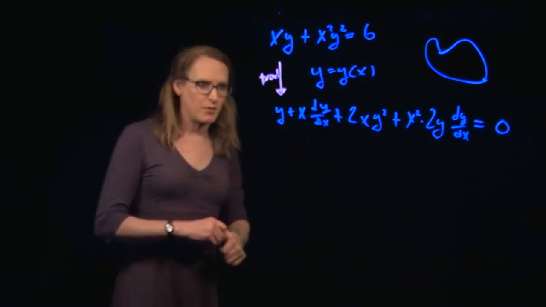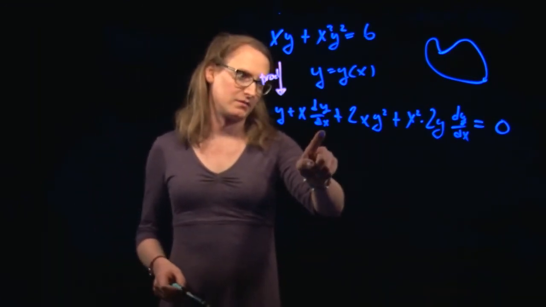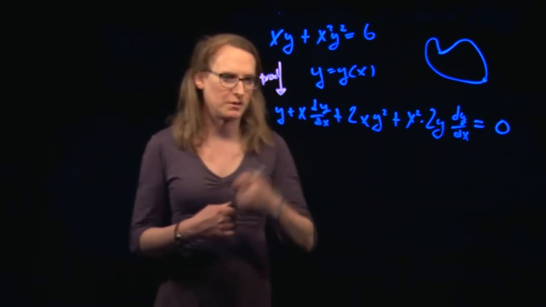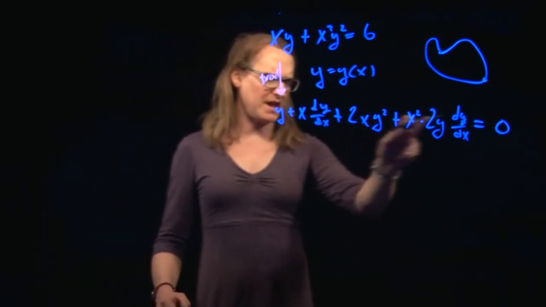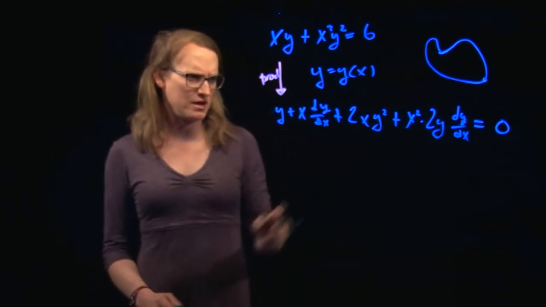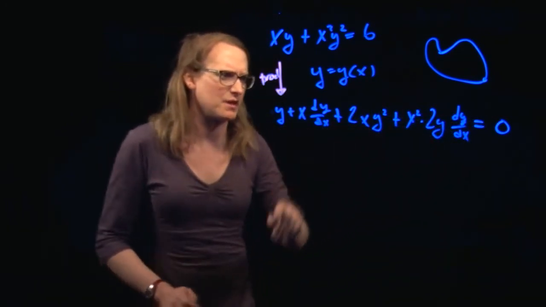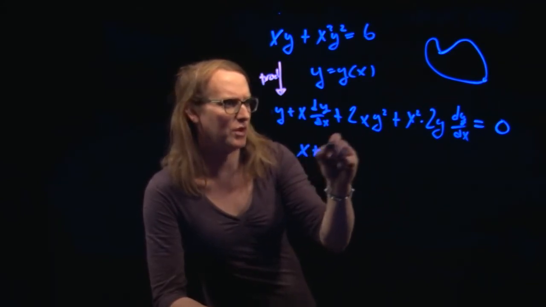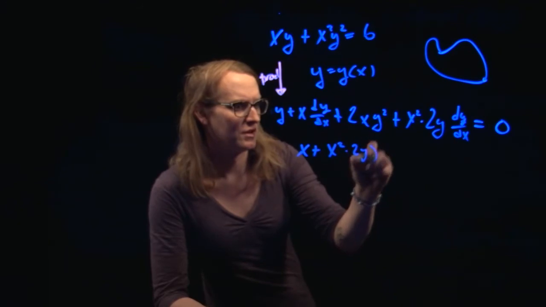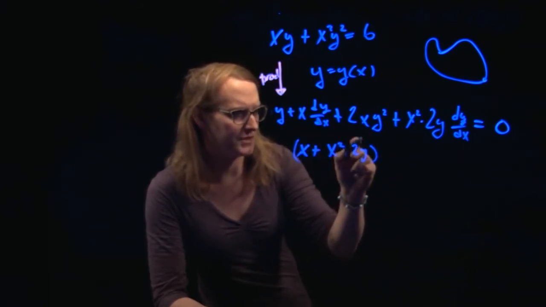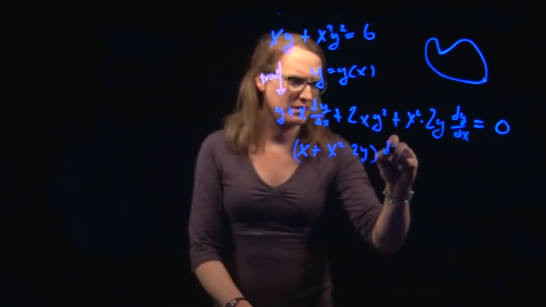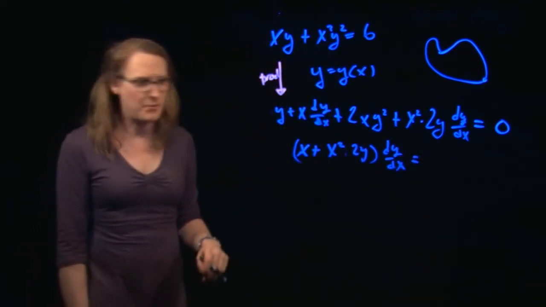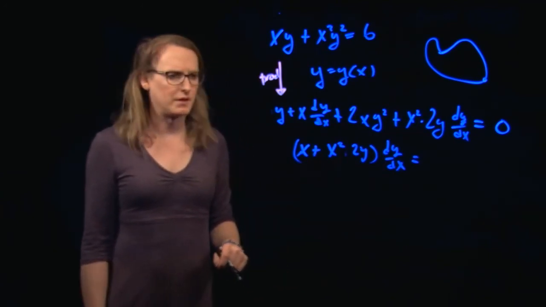And now we're going to solve for dy dx, because that's the thing I want. I want to get what y prime is, essentially. So I'm going to put everything without a dy dx on the other side and leave everything with a dy dx on this side. So x plus x squared times 2y times dy dx; I went ahead and factored out the dy dx in one step there.